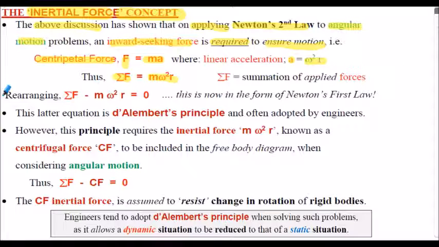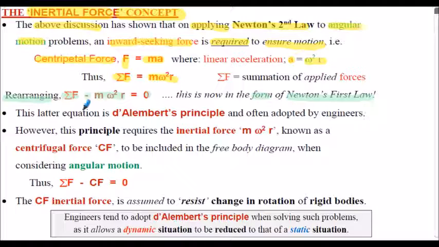However, if we rearrange the above equation, in other words, we subtract m omega squared r from both sides of the equation, we'll end up with this. Summation of all the forces minus m omega squared r is now equal to 0. And that's now in the form of Newton's first law.